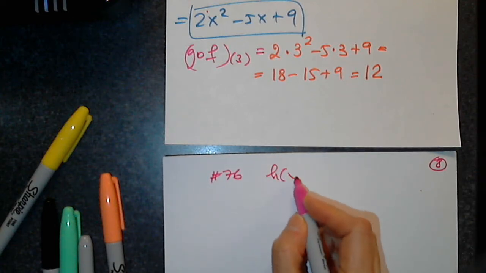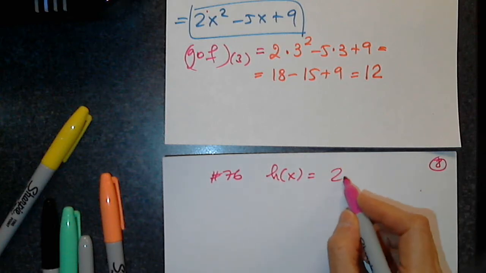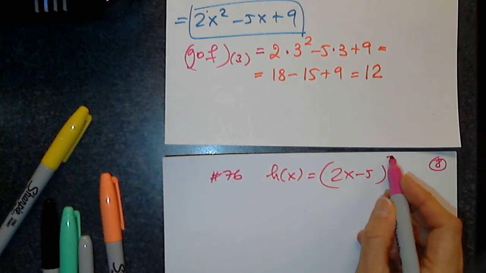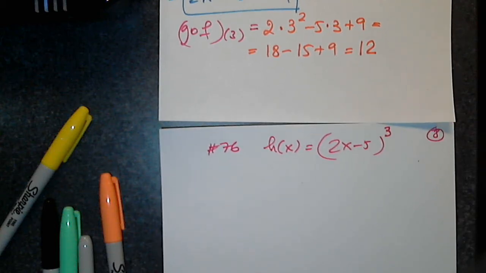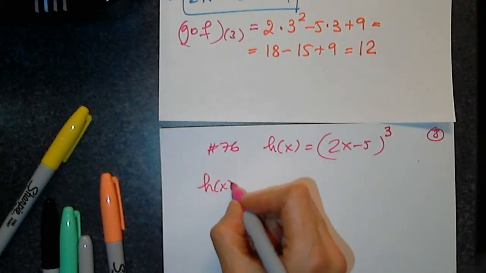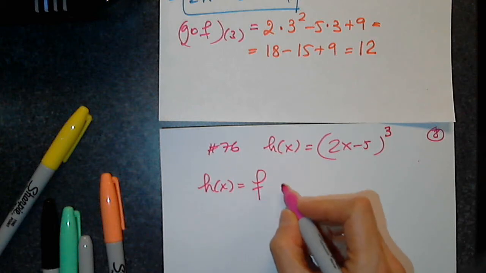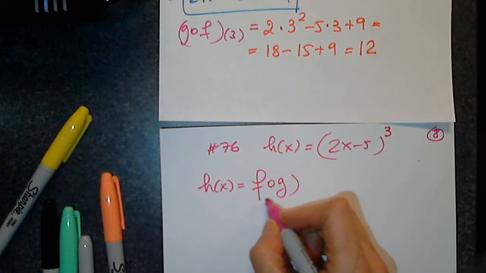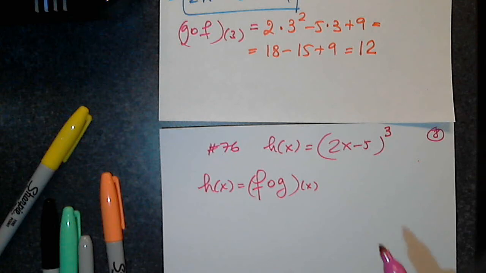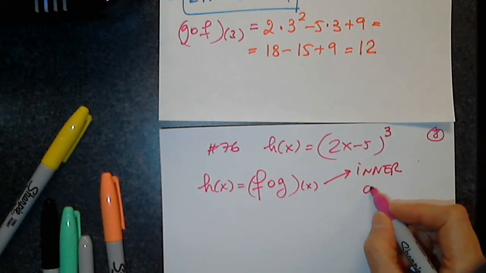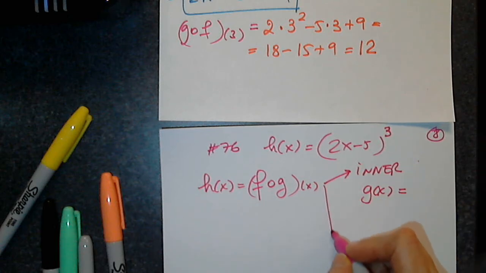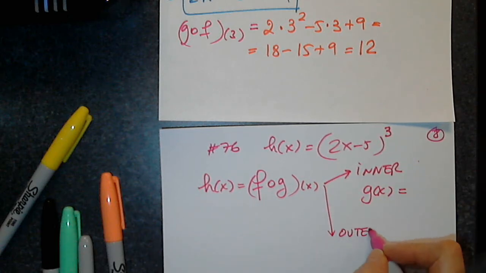So this is function h of x, 2x minus 5, everything cubed. I want an outer function and an inner function. So I want the inner to be g of x, and I want the outer to be f of x.